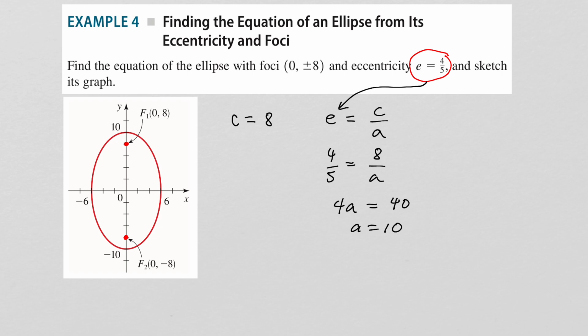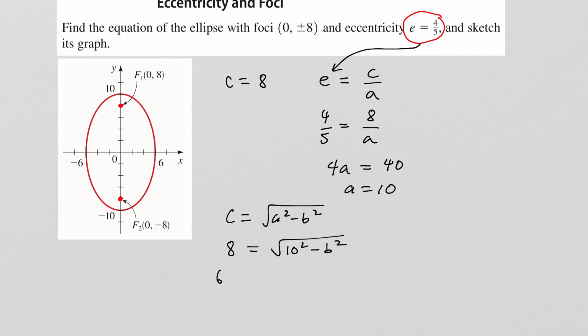And then once we know that A is 10, we can find B by using the other formula. And if we square both sides here, we get 64 is equal to 100 minus B squared. So B squared is 36, which means B must be 6.